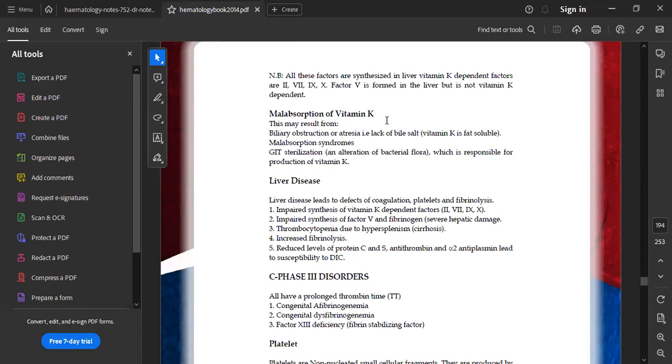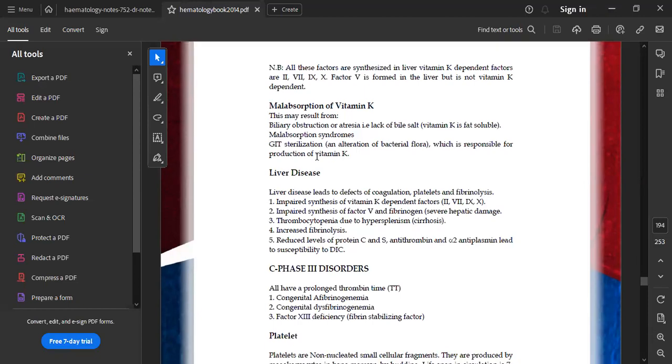That can lead to clotting problems. GI sterilization can also reduce absorption of vitamin K. And of course, liver disease, since the liver is important for the production of these clotting factors.